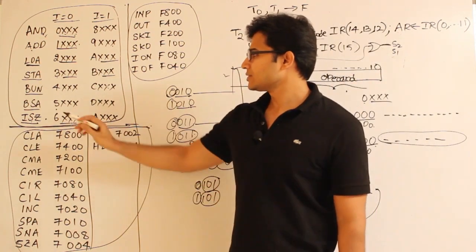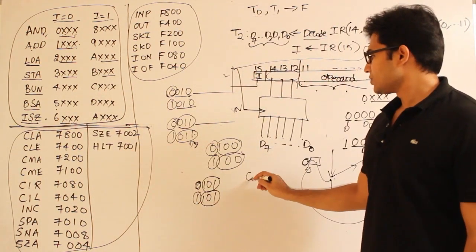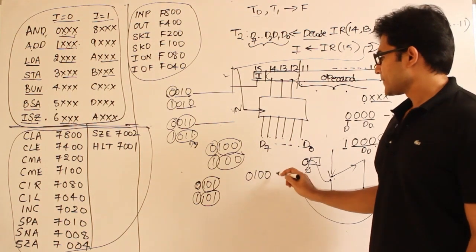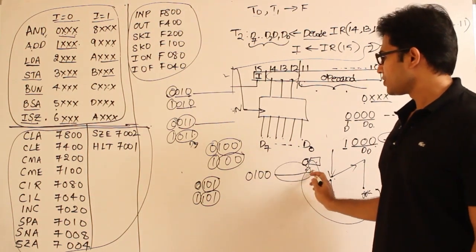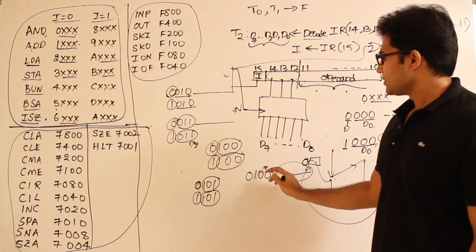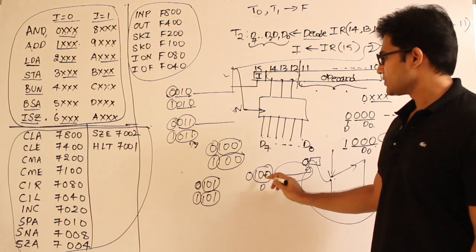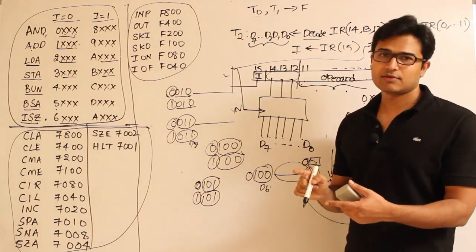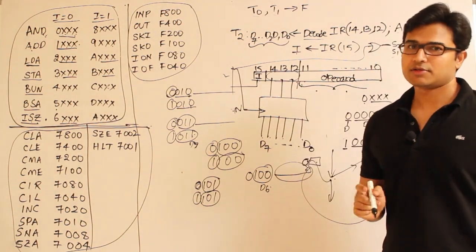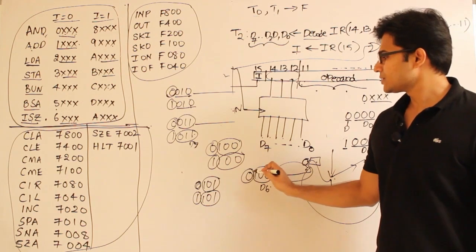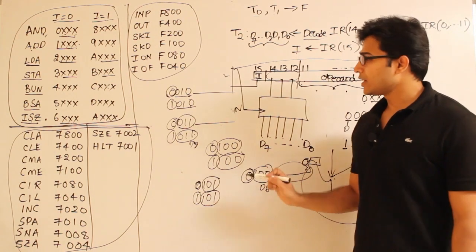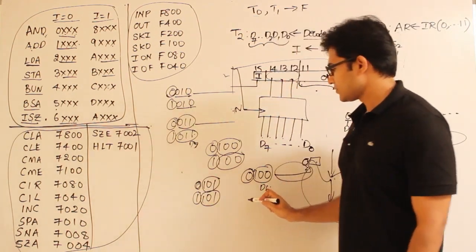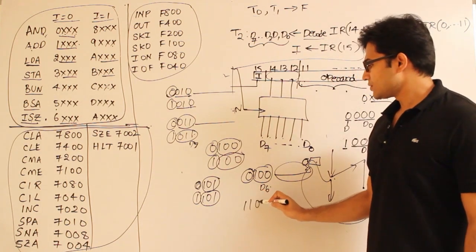Now it is showing 6, so 6 means 0110 and all the 12 bits. These 12 bits are going to give us the operand, and this 6, this 110, will give us D6, and I told you that from D0 to D6 we are having memory reference operations, right? And the 0 means direct, and 1 means indirect, and the next one is E means 1110.